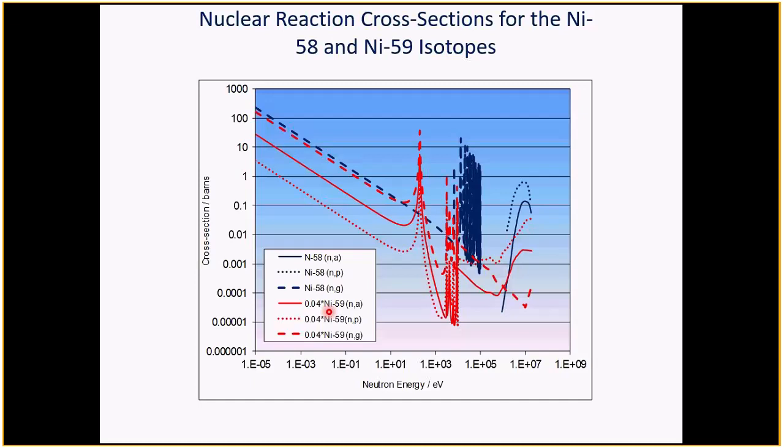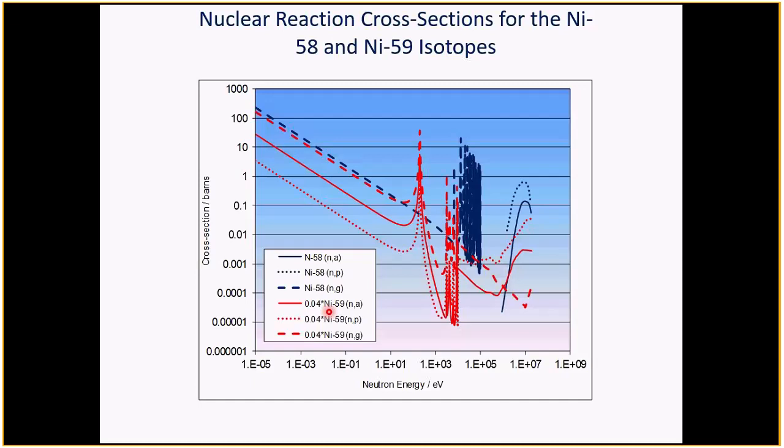It's being burnt out at a different rate. And so there's a point in time where you reach a maximum. And that maximum will be fixed if the nickel 58 concentration is limitless, if it's always the same.